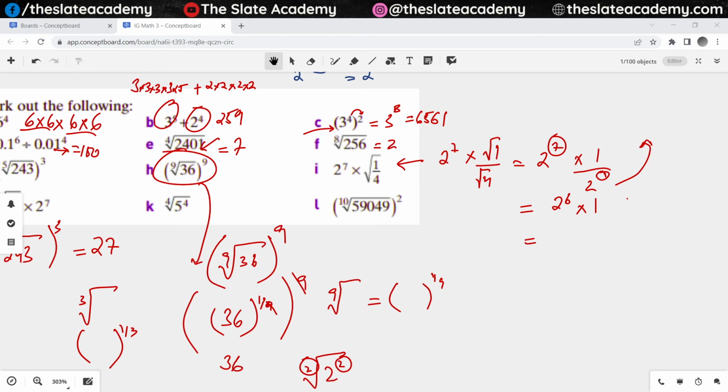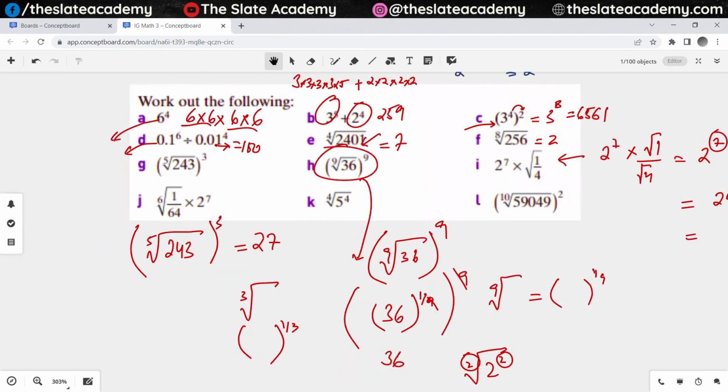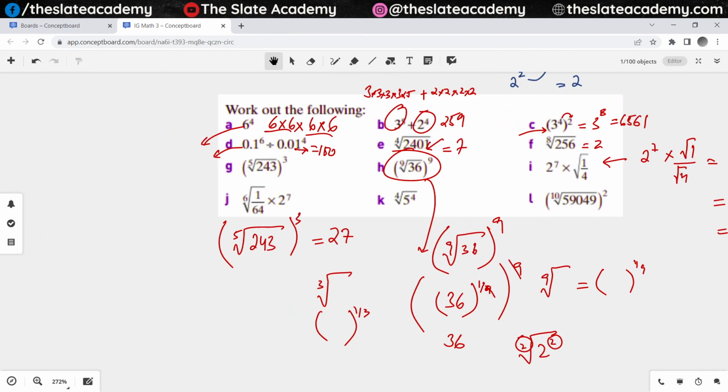Okay, let's go quickly. This thing you can put in the calculator, or you can say this is 2 to the power 6. And 1 is the unique number: whatever the root outside 1, the answer would stay as 1. So cube root of 1 would be 1, fifth root of 1 would be 1, seventh root of 1 would be 1.